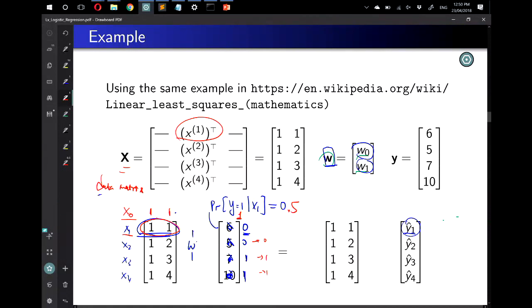So how can we make the model a little bit more interesting? What we can do is to say that this probability is a function of x. Here it's x1.